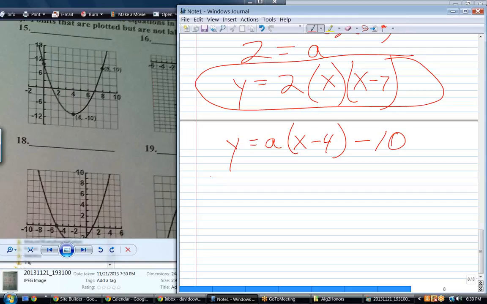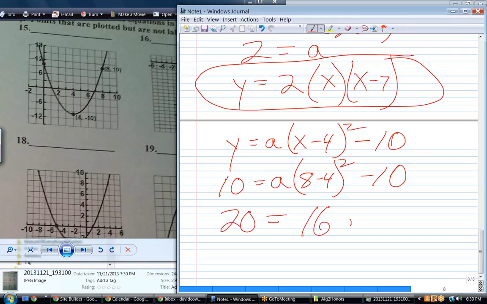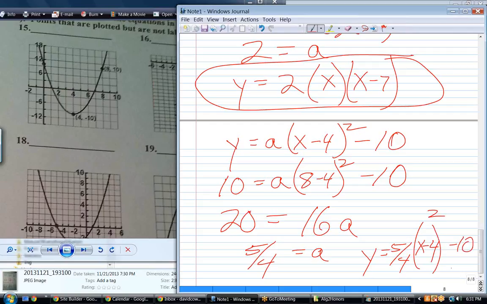It's going to be 10 equals a times (8 minus 4) minus 10. Or minus 4 squared. Whoops, you're right. I left out the square, excuse me. So we have 20 equals 16a, a equals 5 fourths. So our final equation is y equals 5 fourths (x minus 4) squared minus 10.